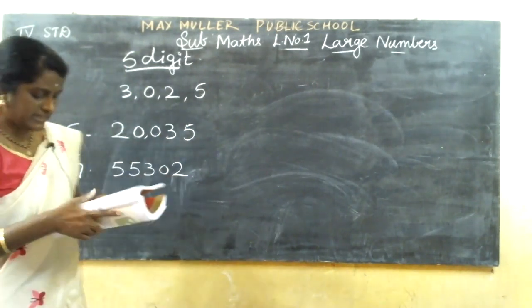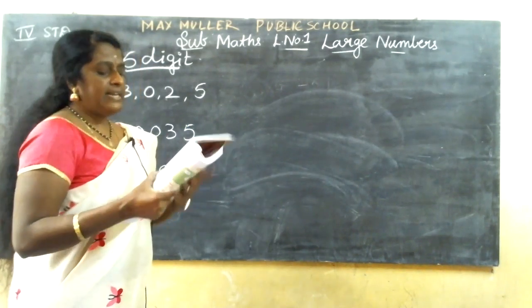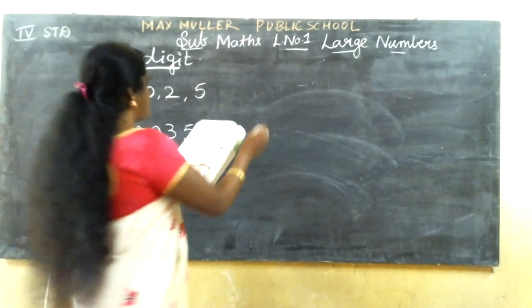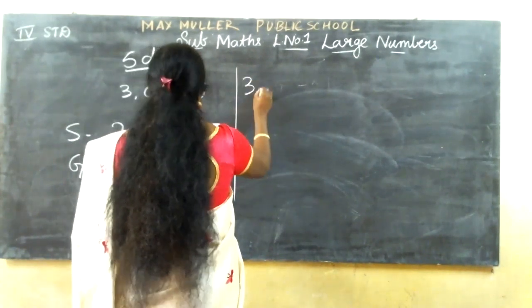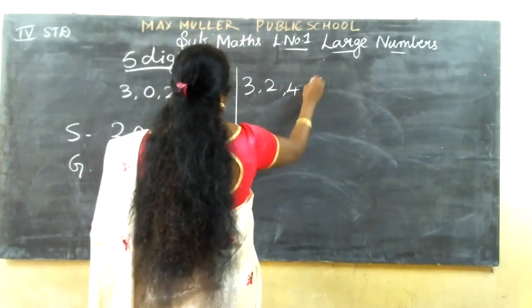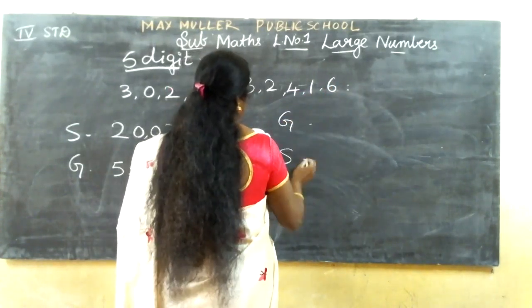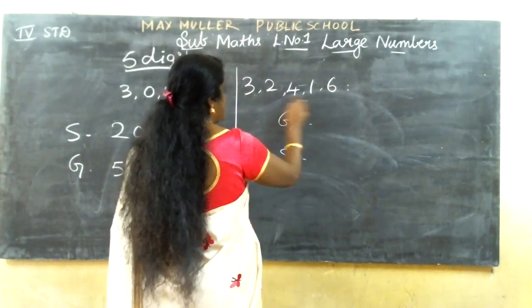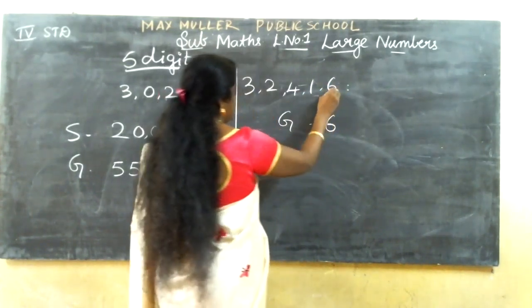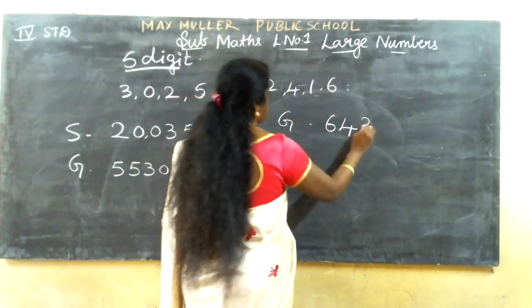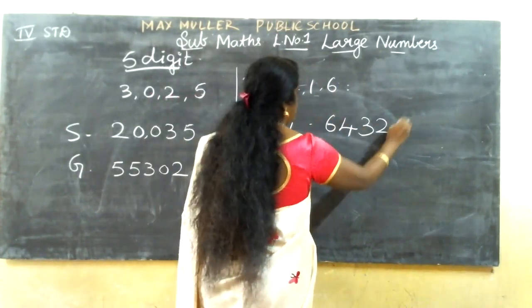So exercise 6. Write the greatest and the smallest number using all the digits. All the digits means, see, 3, 2, 4, 1, 6. Greatest, smallest. In this, which is the greatest? 6 is the greatest. 6 afterwards 4, 4 afterwards 3, 2, 1.